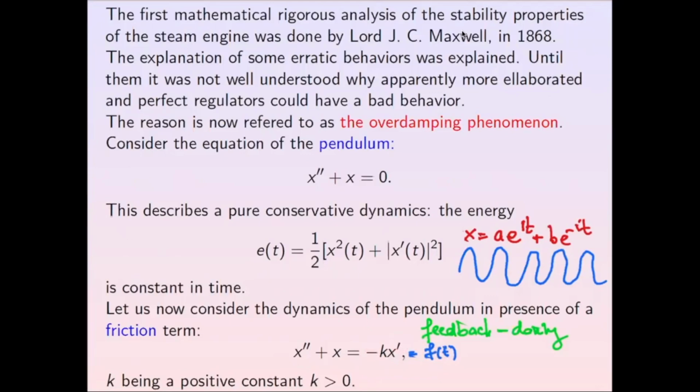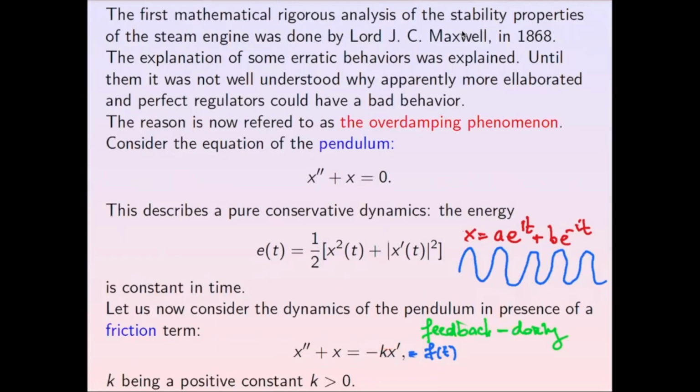So it is going against the velocity. When the velocity is positive, I push with a negative force, and when the velocity is negative, I am pushing with a positive force. So I am always pushing against the tendency of the motion to evolve, right? And I am doing it with, say, multiplicative constant k, right?